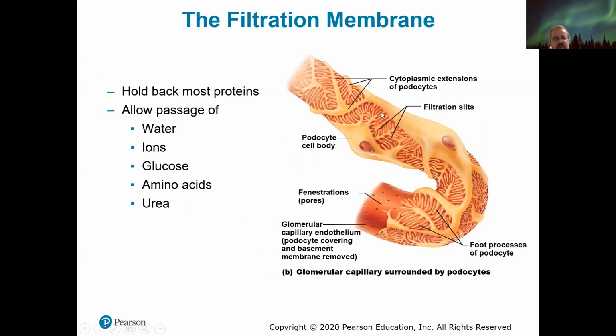This is really what we're talking about here. This is our capillary. These are the fenestrations. Once it passes through the fenestrations, it has to pass through these little slits of the podocytes, which also is where we have the basement membrane.